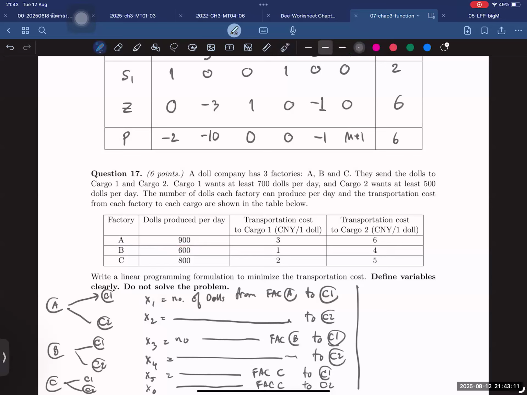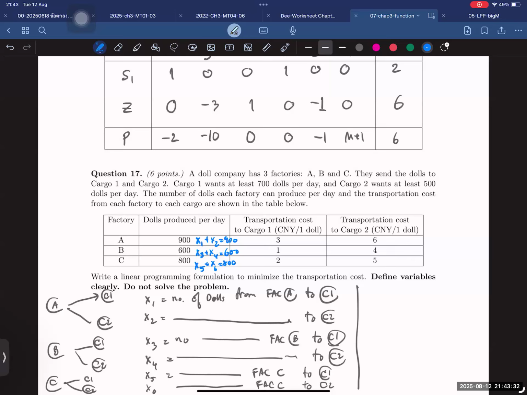Okay. But here we have x1. Let's see, we're going to get x1 plus x2 is 900. And here x3 plus x4 is 600. And x5 plus x6 is 800.